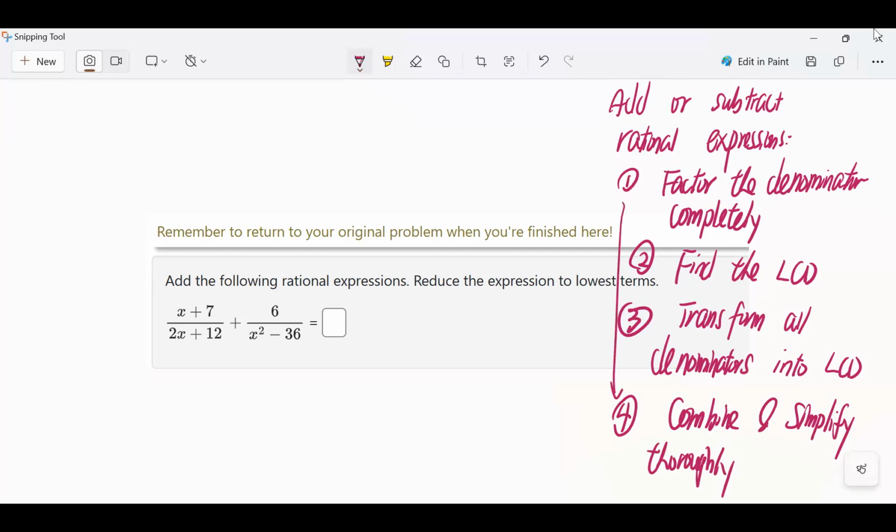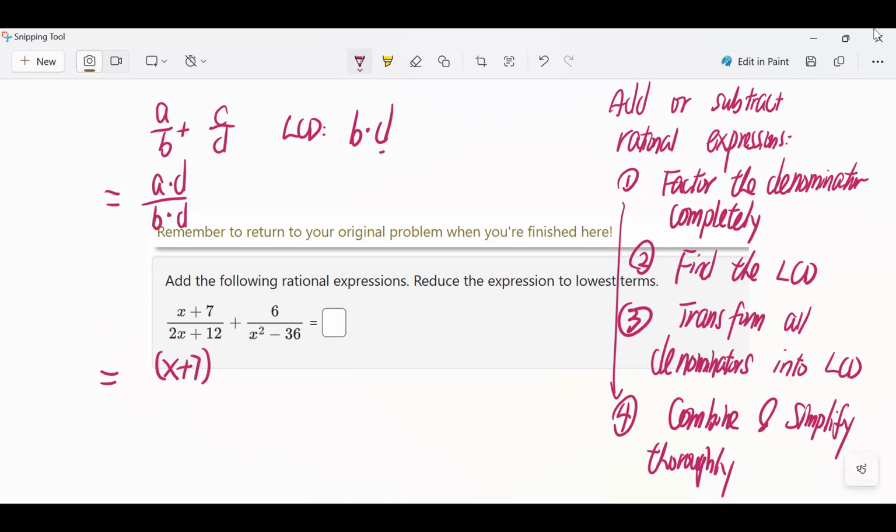Going back here, first of all, let's look at the denominators. So you've got A over B, adding C over D. And we know that the LCD is B times D. The first fraction is missing a D, so we multiply D on both top and bottom.